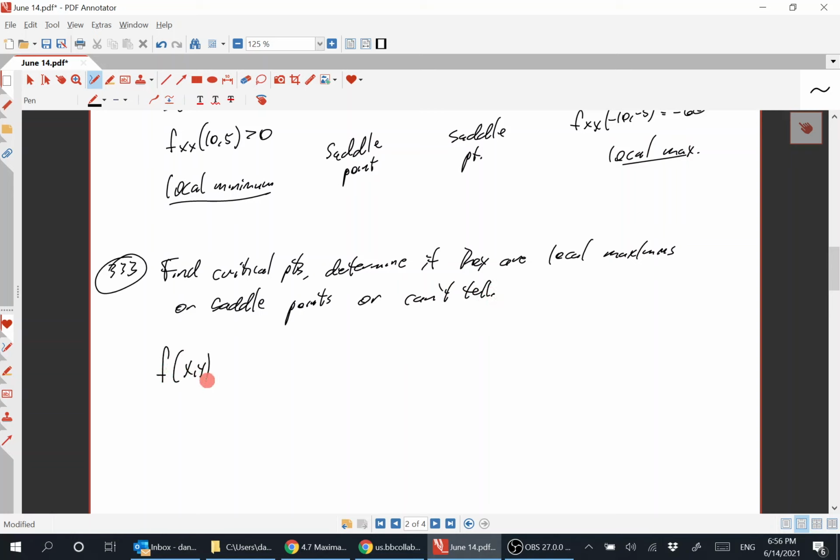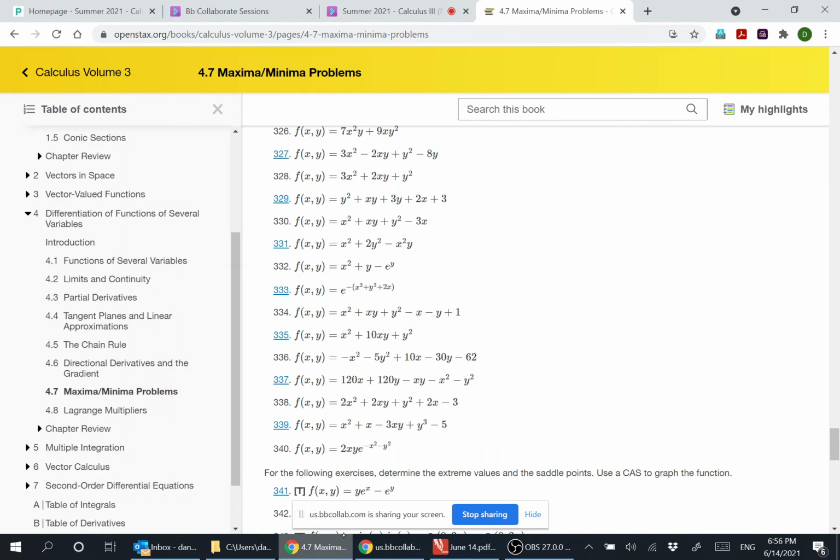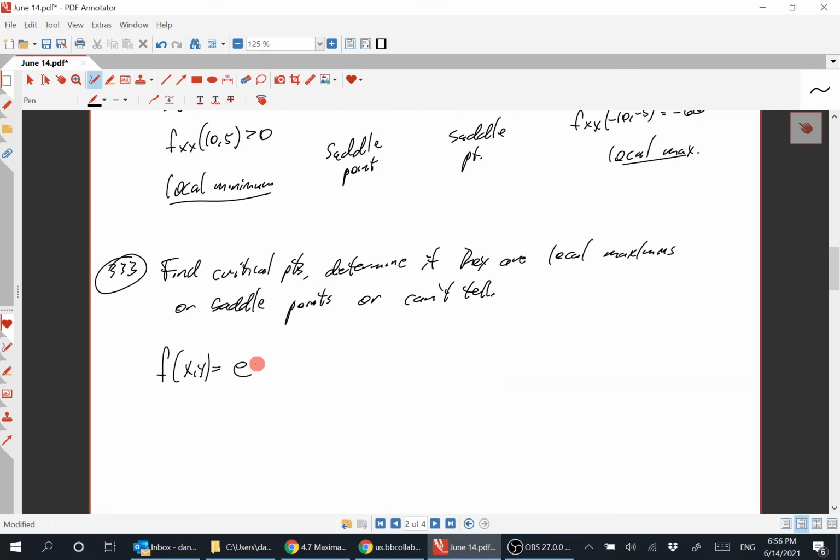So f of x, y is equal to e to the minus (x squared plus y squared plus 2x). Okay, so the partial derivative with respect to x, well, e to this thing, x squared plus y squared plus 2x, times the derivative of the inside, 2x plus 2, setting that equal to 0.